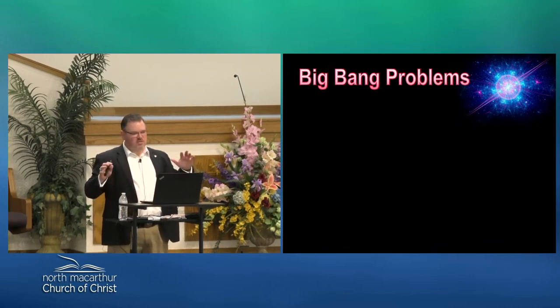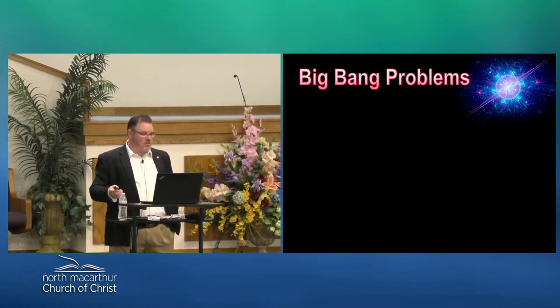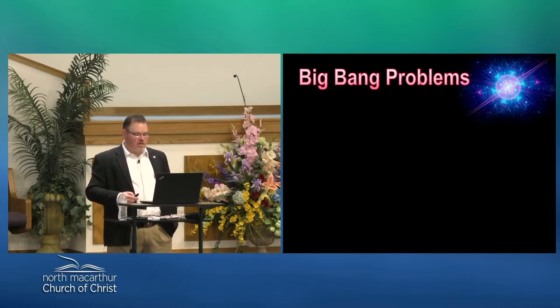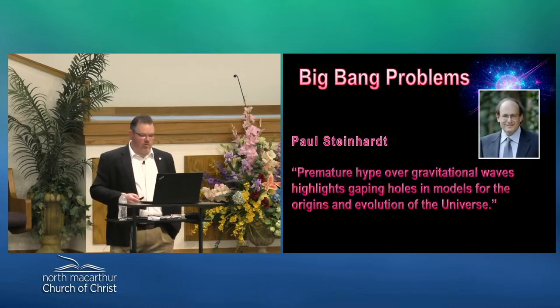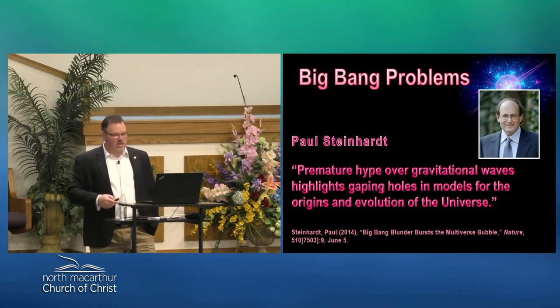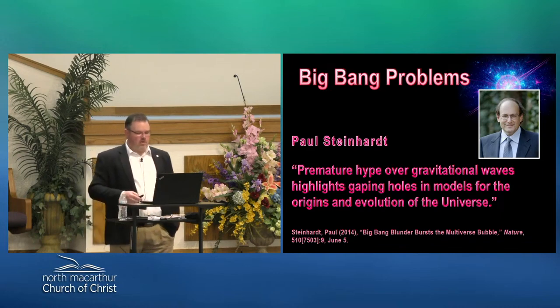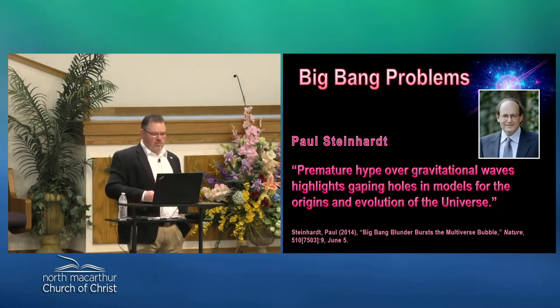And so he wrote this stinging critique of inflation that he actually helped make, and its alleged evidence from the gravitational waves they thought they had found. He argued that premature hype over gravitational waves highlights gaping holes in models for the origins and evolution of the universe.